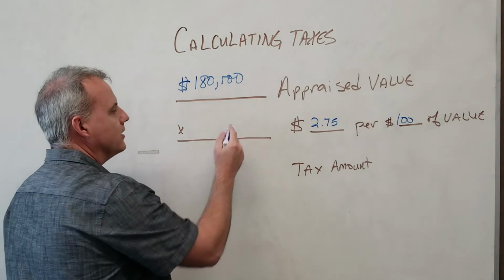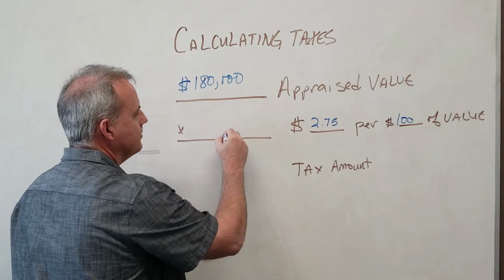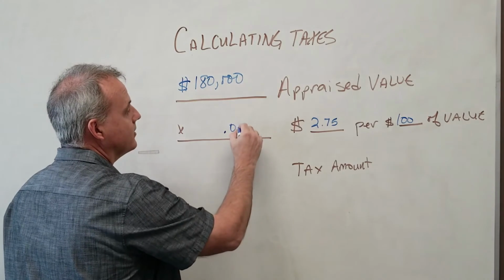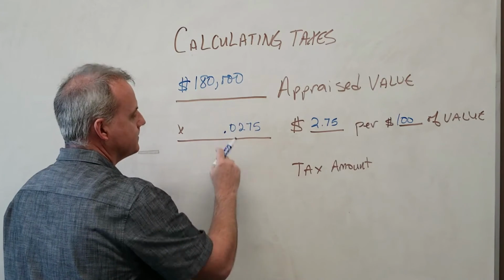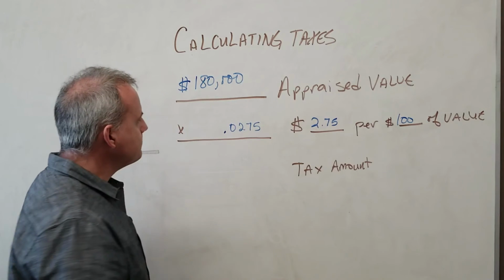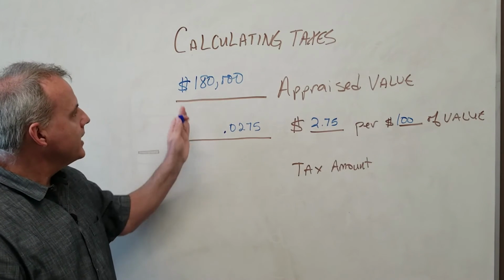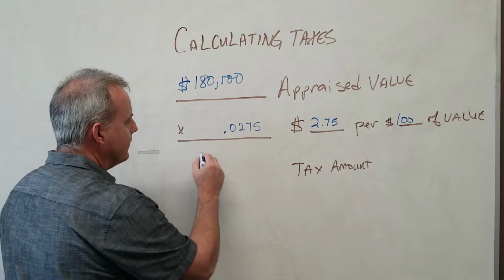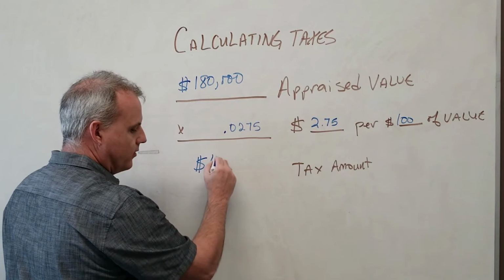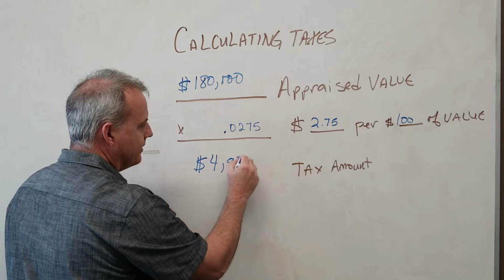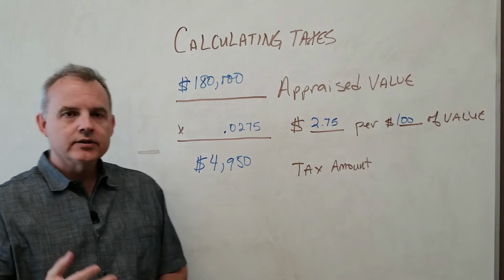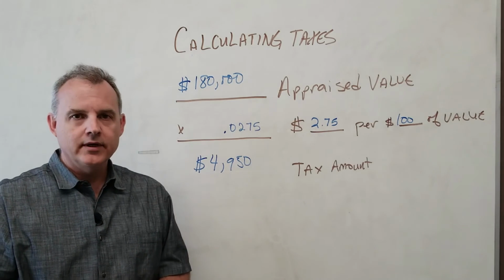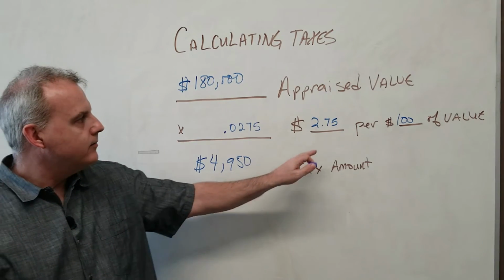So we express that, going back to fourth grade math, as 0.0275. When we multiply 180,000 by decimal 0.0275, that gives us a tax amount of $4,950.